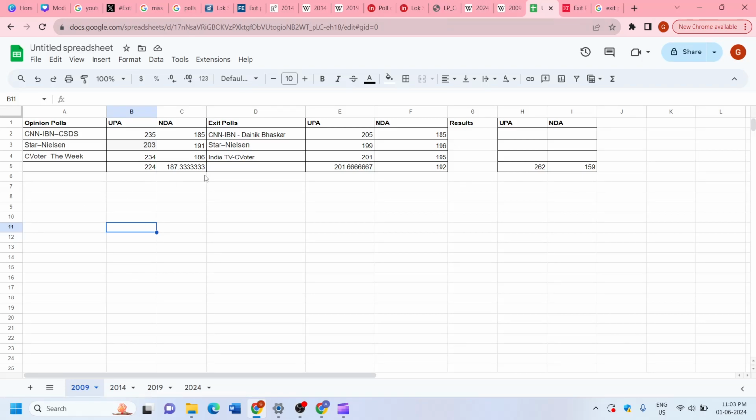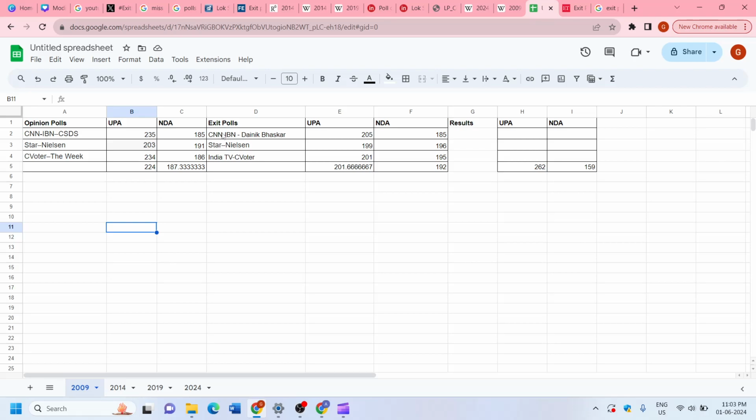Here are the opinion polls and exit polls of the 2009 election. I've taken three polls each. In the CNN IBN CSDS opinion poll, the UPA, which was the Congress led alliance at that time, got 235 seats, and NDA got 185 seats.